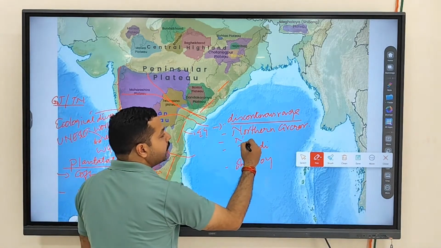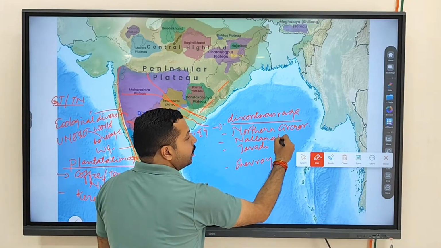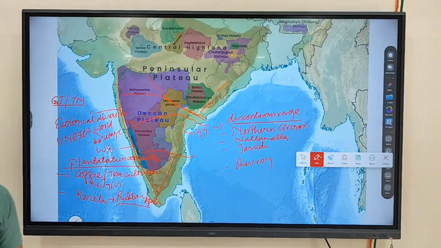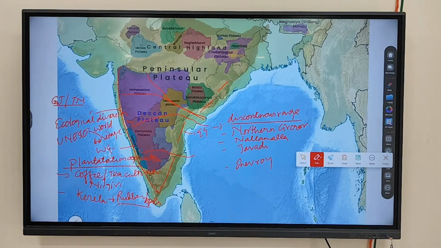You can add Nalla Mala. The Eastern Ghat are known by different ranges: Northern Sircar, Nalla Mala, Javadi, Shivaroy. Clear? And it is extending from where to where? From Odisha till Tamil Nadu.